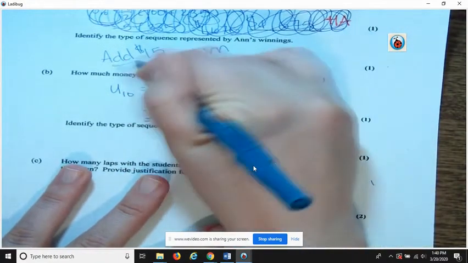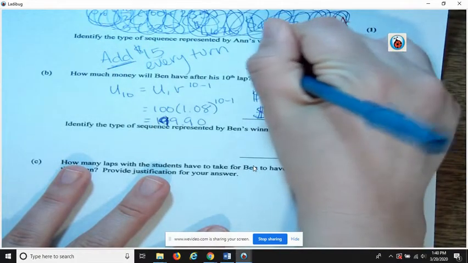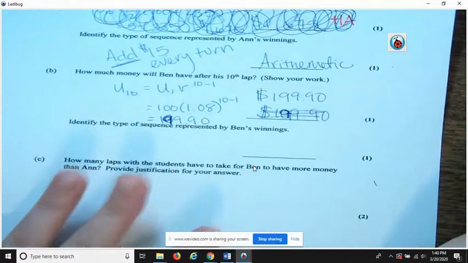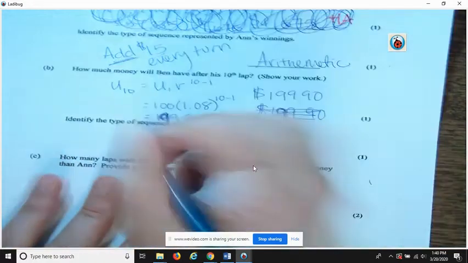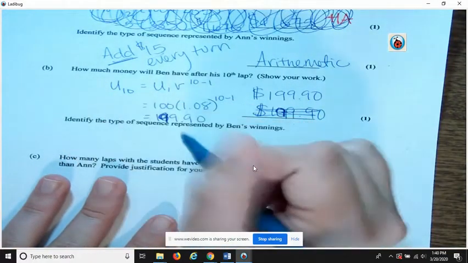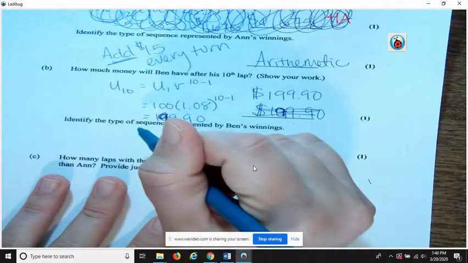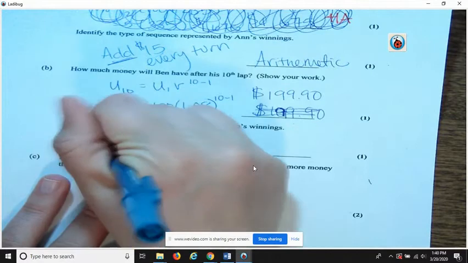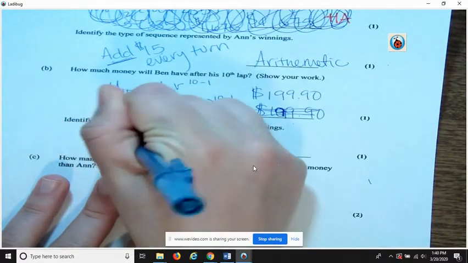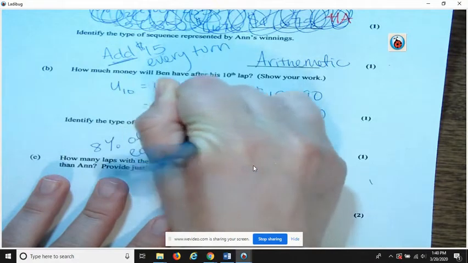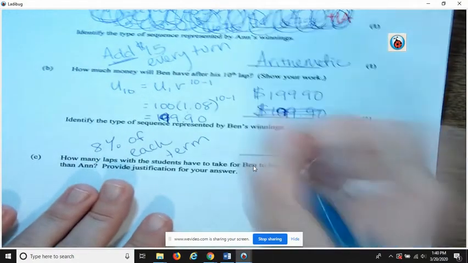The key word is adding, so that's why this is arithmetic. And then Ben is geometric because we are taking 8% of what he has in the previous turn and then adding that to his next turn. So we have to take 8% of each term, which requires multiplying. That is why this is geometric.